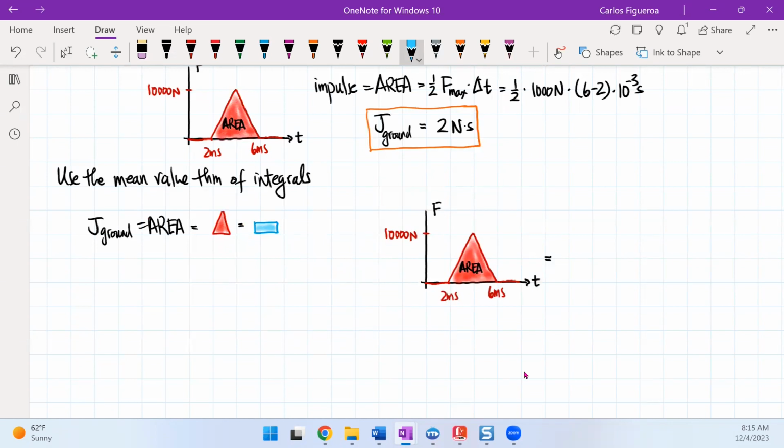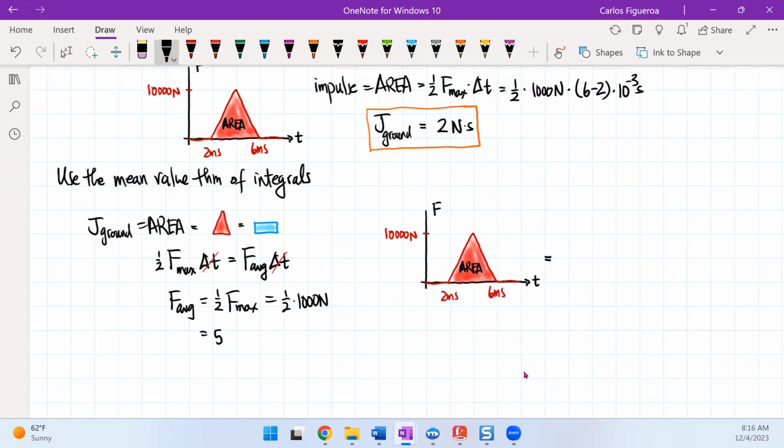According to the mean value theorem, the area of the triangle in this case would equal 1/2 F max times delta T, and this can be the time average force times delta T. You could see immediately that if I compare these two terms, I can cancel out the time, and it tells me that the average force is going to be 1/2 the max, which is 1/2 times 1,000 newtons.